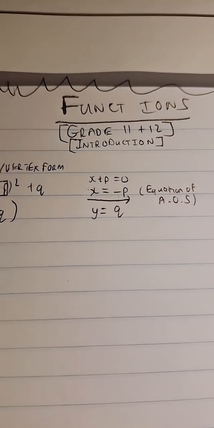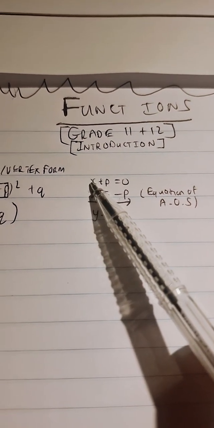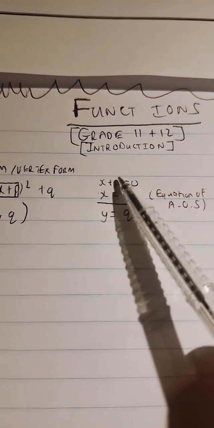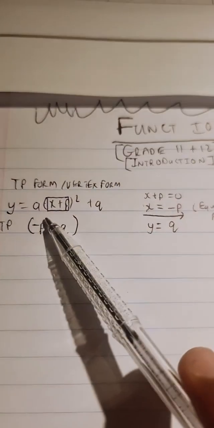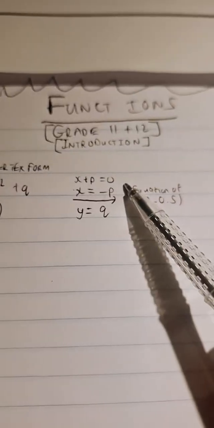as you normally would. Remember, if the variable x has a negative sign, after taking the p over, let's say it was negative x plus 2. You would say negative x plus 2 is equal to 0. Take the 2 over, you get negative x is equal to negative 2.